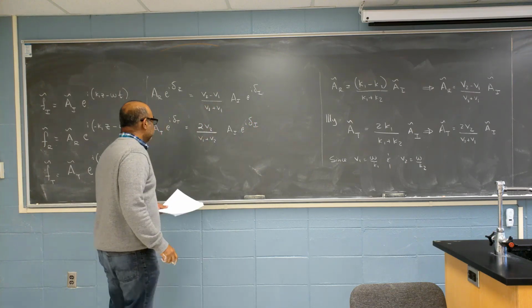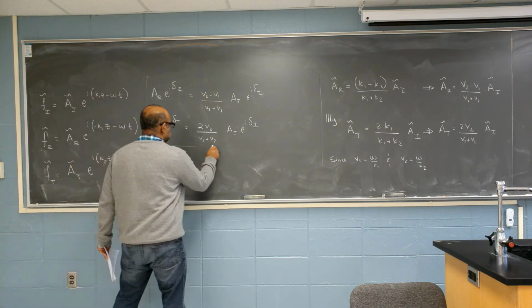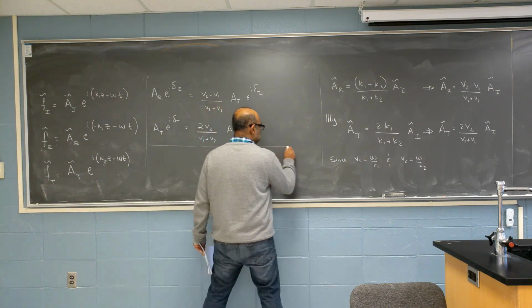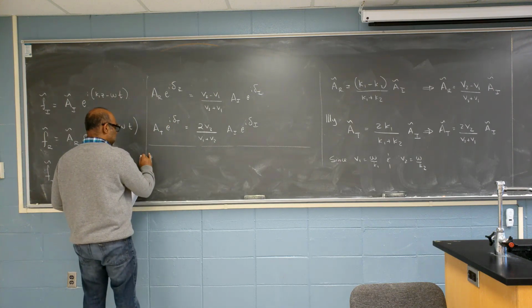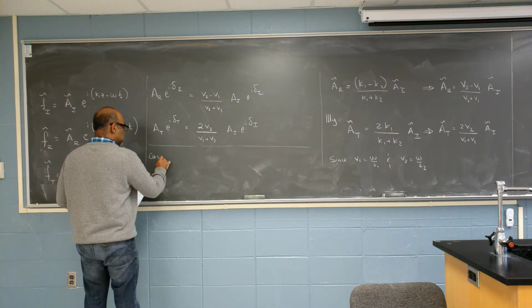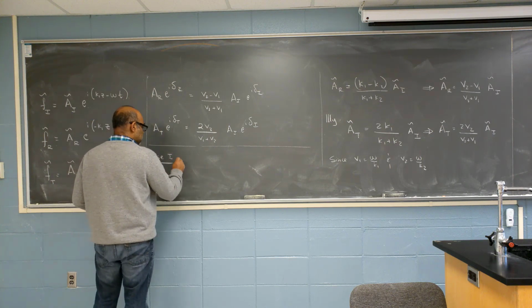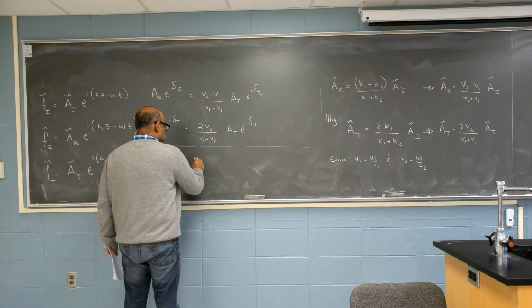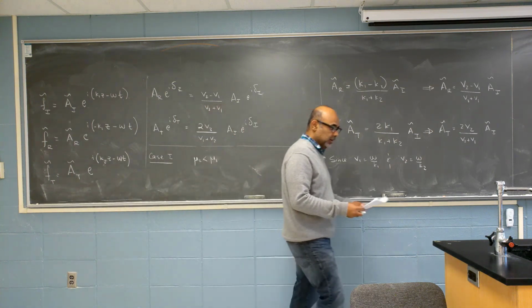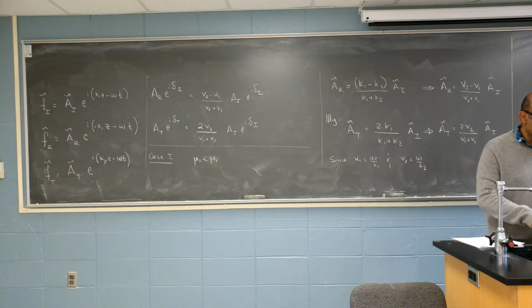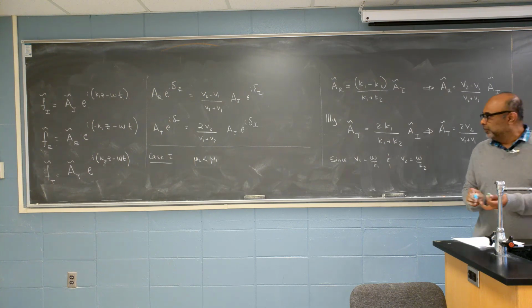All right, so I'm going to consider two different cases. Case number one. Here, I pick mu2 is less than mu1. So let me try to visually draw that so that you understand what that means.